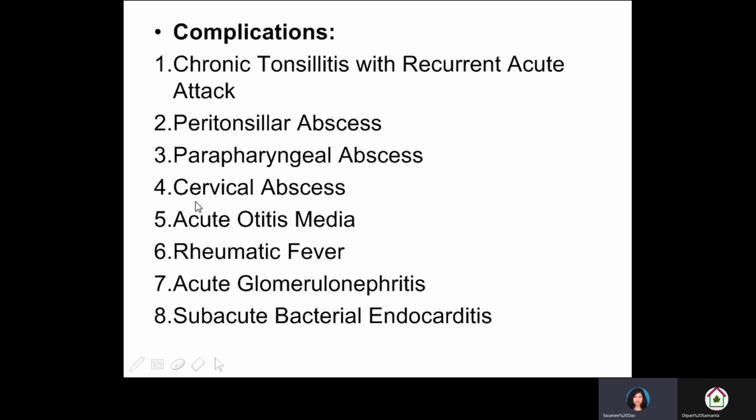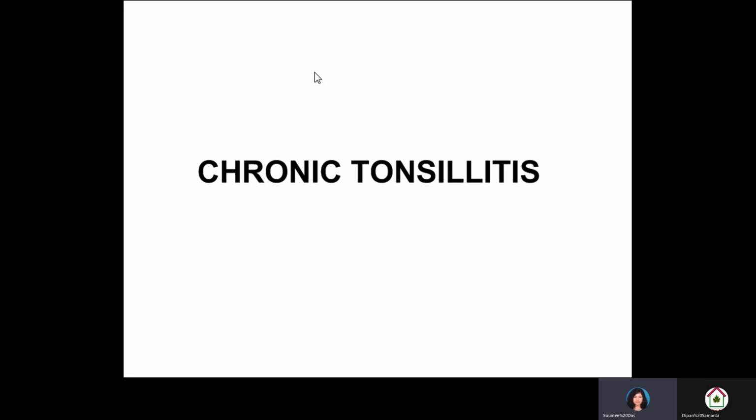So, ranging from cervical abscess to subacute bacterial endocarditis, in which the heart itself is involved, there can be different types of complications depending upon the causative organism. And acute tonsillitis, if left untreated or poorly managed, can obviously lead to chronic tonsillitis. So we will see chronic tonsillitis later.